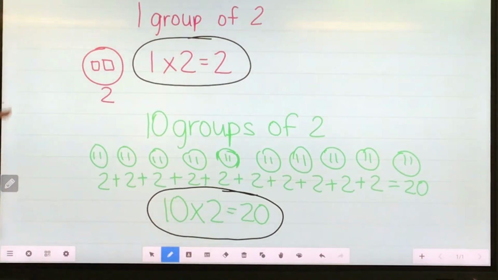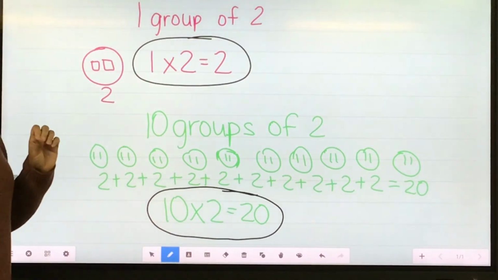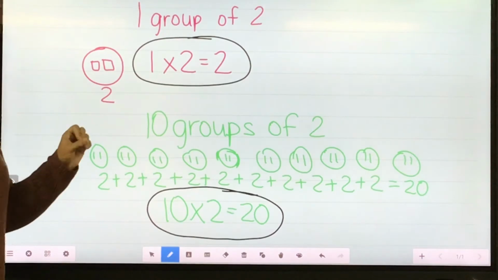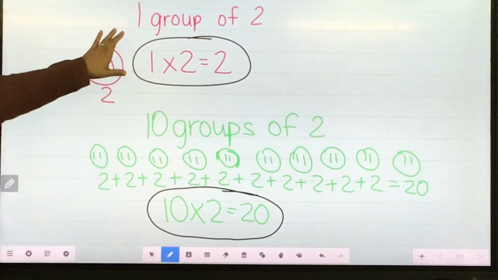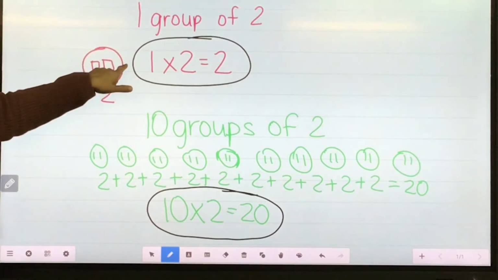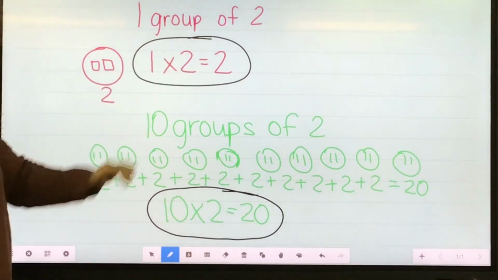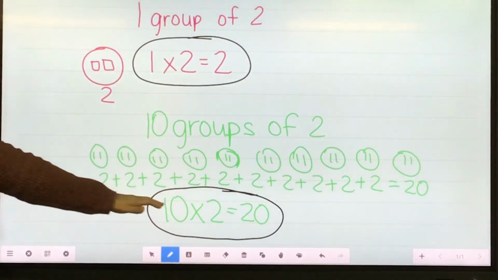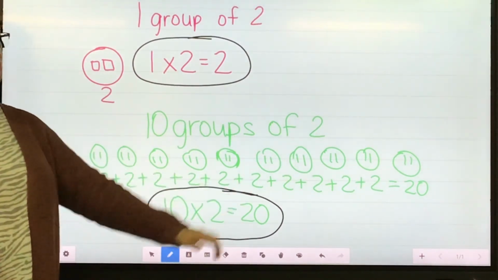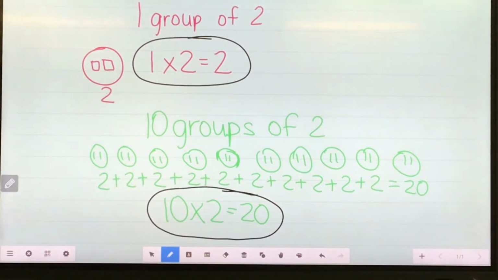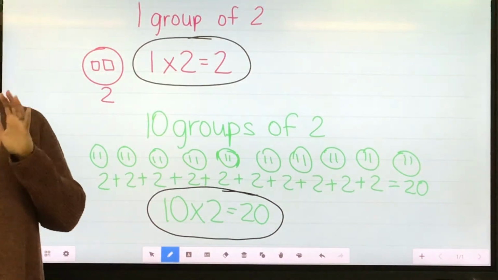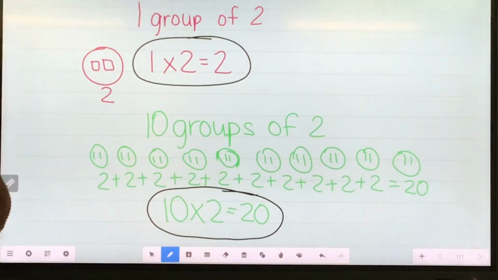Where should our attention be, friends? On the board, yes. Look at the multiplication equation of 1 times 2. One group of 2 equals 2. 10 groups of 2 equals 20. What do you notice about those two equations that is kind of similar?